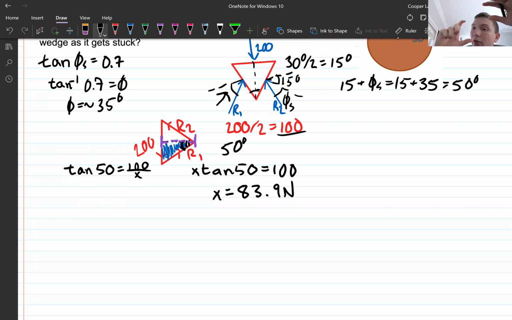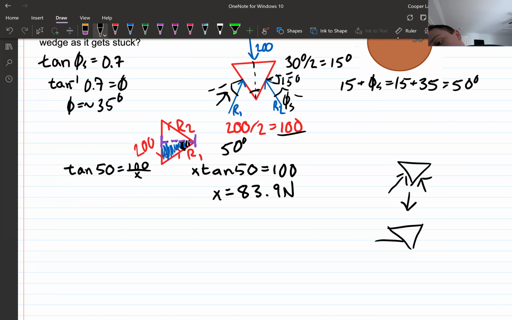While before we were calculating for when it was like this, the wedge then gets driven in. So it starts off like this with forces coming in like this. The wedge then gets driven into the wood, causing the forces to come in like this now on it. And we just solved for that. We just figured out what our x value is for that.